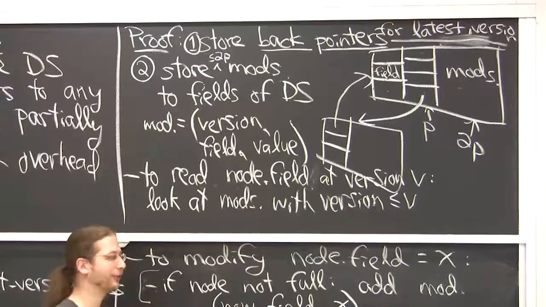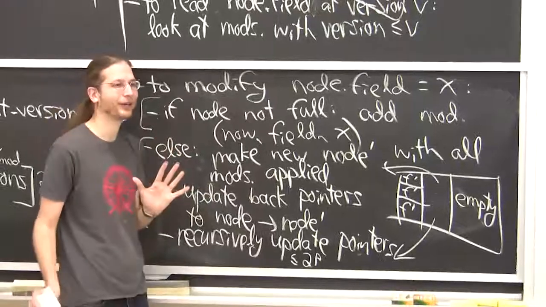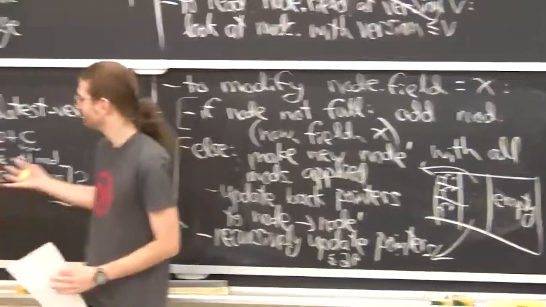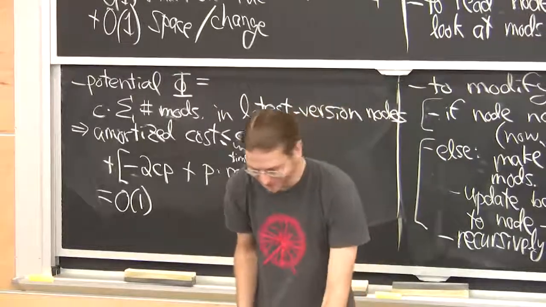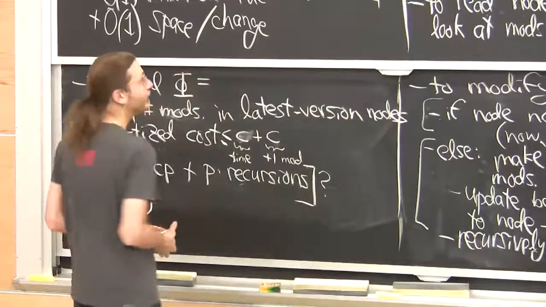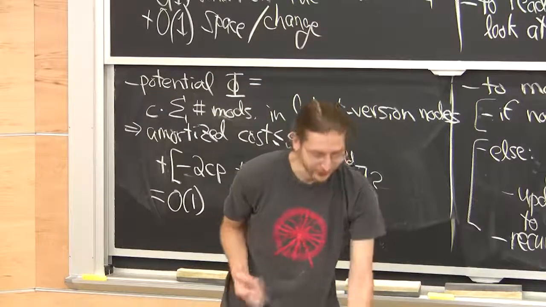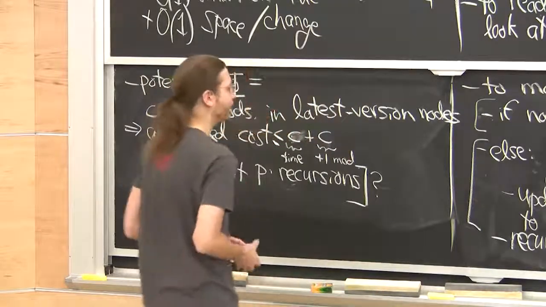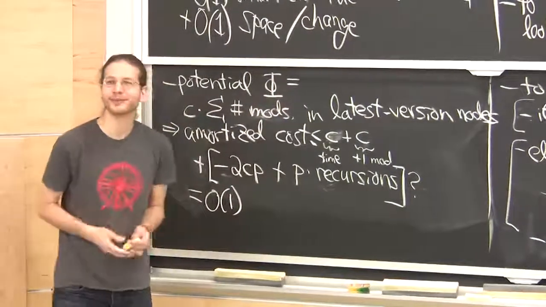So if you like charging schemes, it's much more intuitive. But with charging schemes, you have to be careful. You have to make sure you're not double charging. Here it's obvious that you're not double charging. Okay, kind of cool and magical. This is a paper by Driscoll, Sarnak, Sleator, Tarjan from 1989. So this is very early days of amortization, but they knew how to do it. Question?